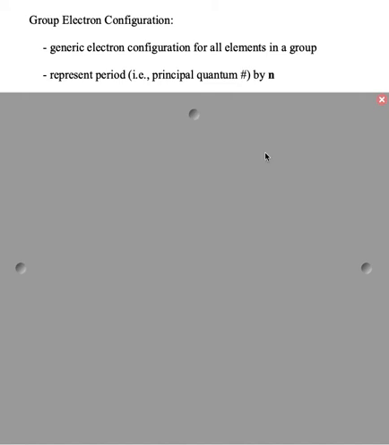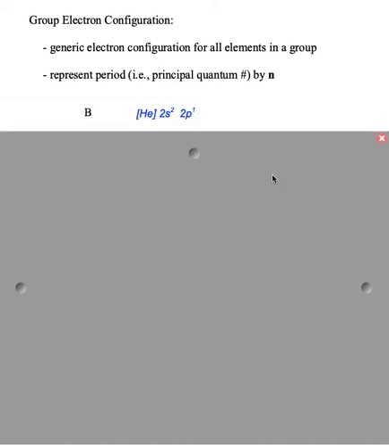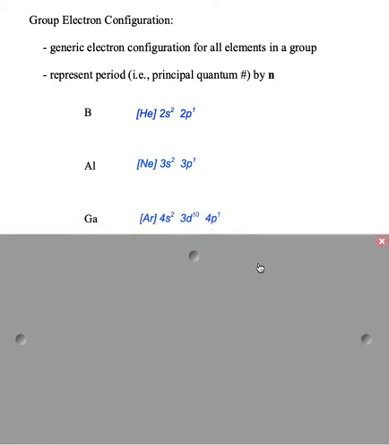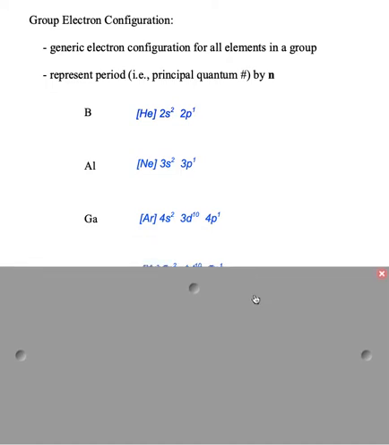Now, let's talk about the concept of a group electron configuration. That is a generic electron configuration for all elements in a group, and it will represent the period by the principal quantum number n. So, for example, boron has the configuration helium 2s2 2p1. Aluminum has the configuration neon 3s2 3p1. Gallium has the configuration argon 4s2 3d10 4p1.